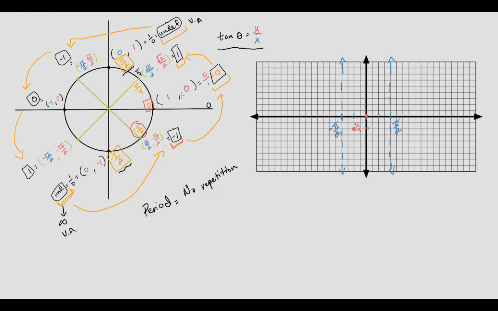And then if I go one more quarter mark up to pi over 4, I'm going to be up at 1. So similar kind of relationship, we're oscillating around the middle, which in this case is 0, and then we're going 1 above and 1 below. And I should point out, this is for y equals tangent of x, our parent function.